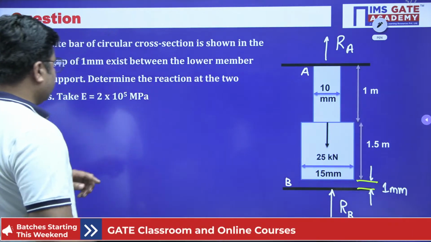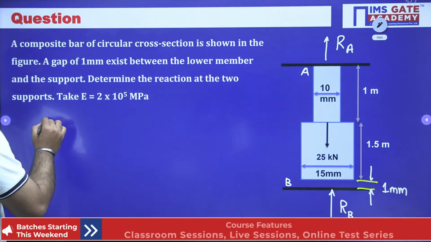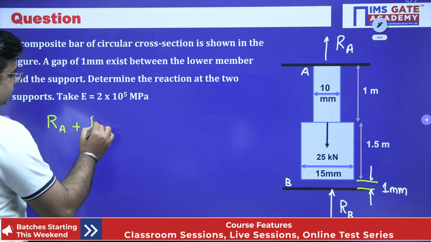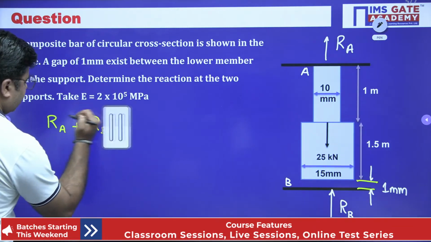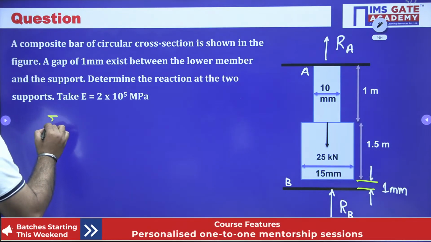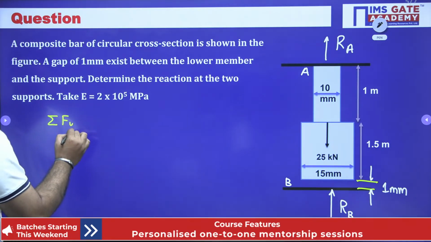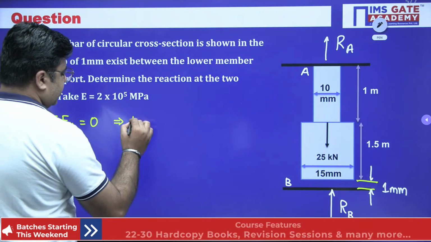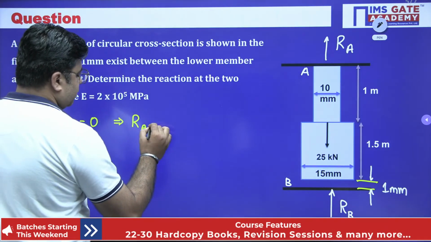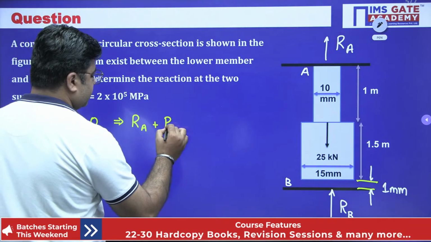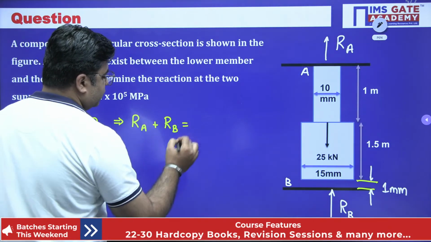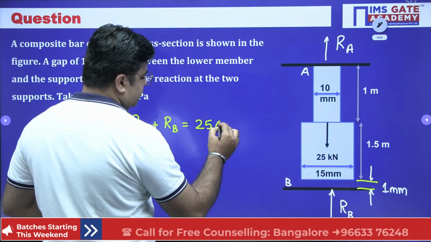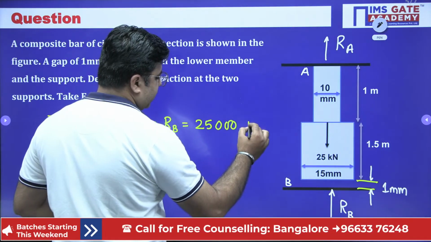So the first equation: summation of vertical force is 0. So you have RA plus RB is equal to 25 kilonewton, which is 25,000, and I'll write this in Newton.